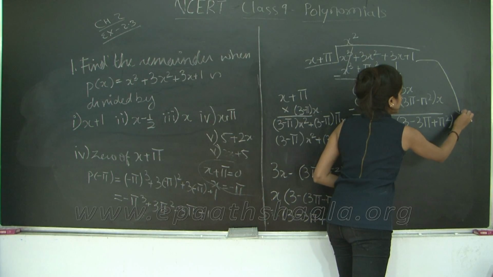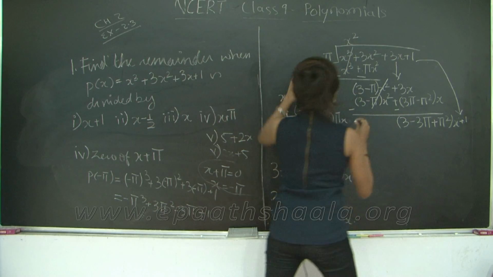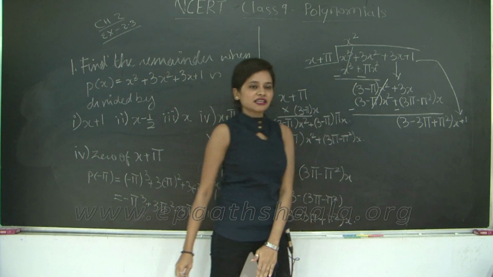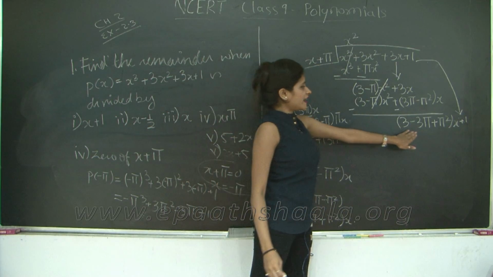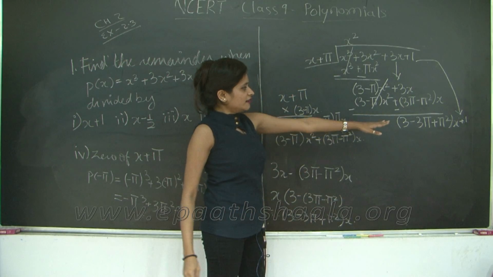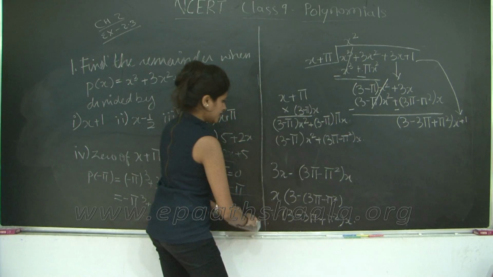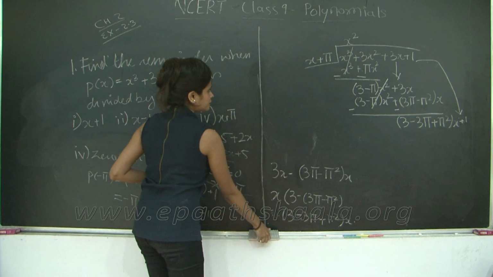So I am bringing plus 1 down. Now x plus pi into what will give me this term, 3 minus 3 pi plus pi square x? We already have x, right? So multiplying it with this term will give me the first term, which is 3 minus 3 pi plus pi square. Let me just quickly erase this and solve it for you.